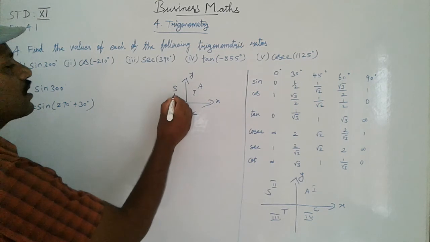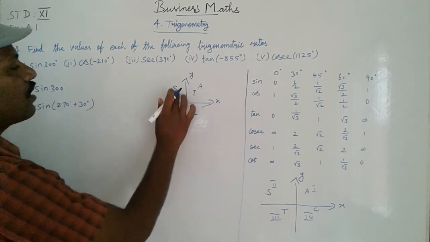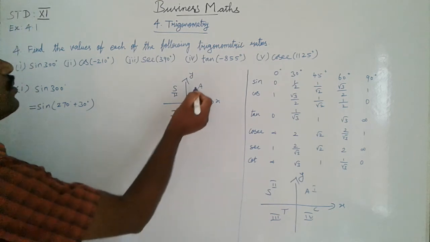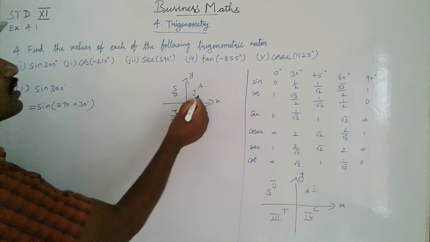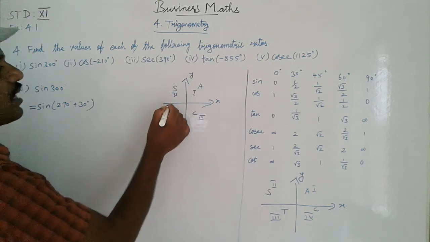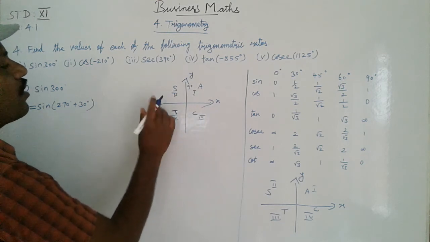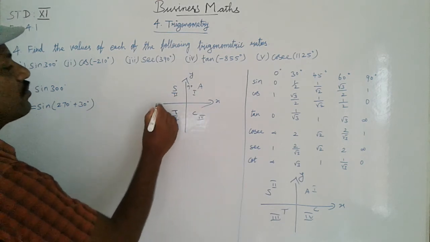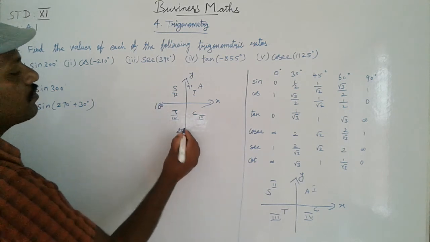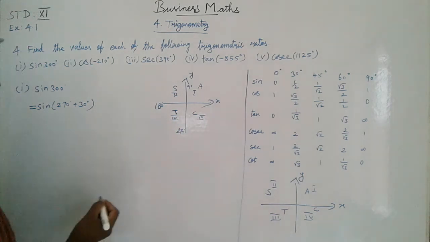The first quadrant, second quadrant, third quadrant, fourth quadrant. So 0 to 90 is the first quadrant, 90 to 180 is the second quadrant, 180 to 270 is the third quadrant.